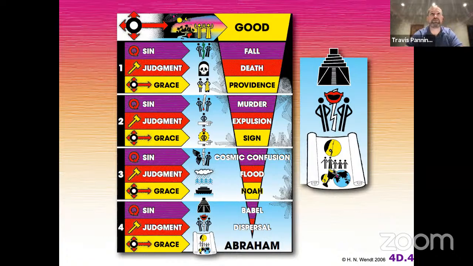And God promised that through Abraham and his family in that land, that he would bless the entire world. It's kind of hard to see, but there's a goblet of wine being tipped over onto the planet, onto the world right here. And that's what this curriculum does to show blessing onto the world.